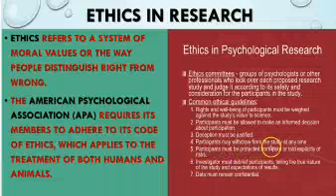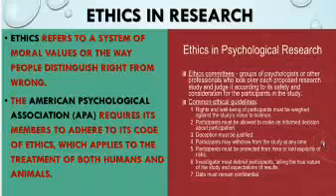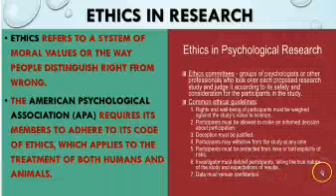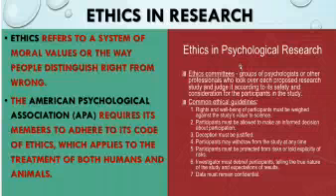Participants may withdraw from the study at any time and they must be informed of their right to withdraw. Participants must be protected from risk or told explicitly of risk or any harm that may occur. Investigators must debrief participants, telling the true nature of the study and expectation of results. And the data must remain confidential, as well as the participants in a research study. They must remain anonymous as well.